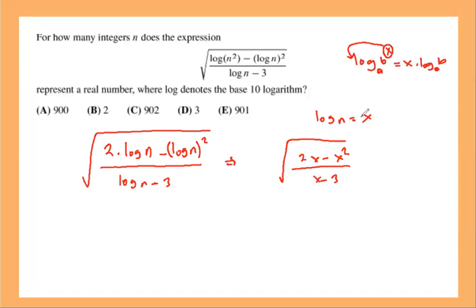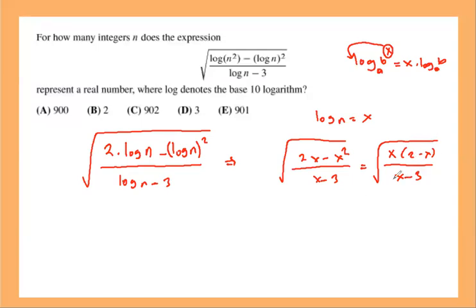That's why I do this substitution. We can also factor the numerator, which will give us x times 2 minus x, divided by x minus 3. You don't have to do this, especially if you can work with the log n directly, which I would do, to be honest, if I was doing this problem. But it's okay to do it.